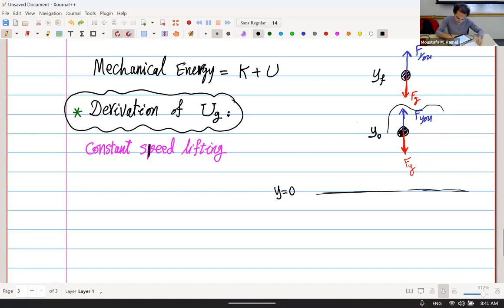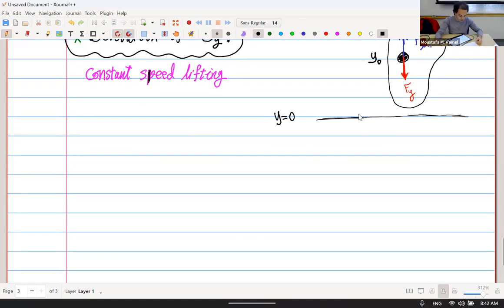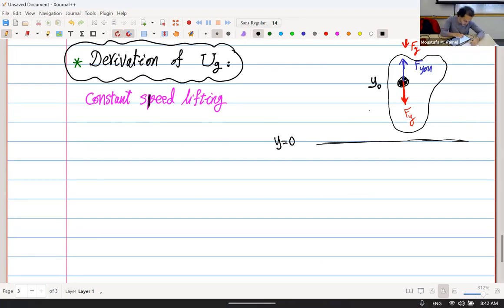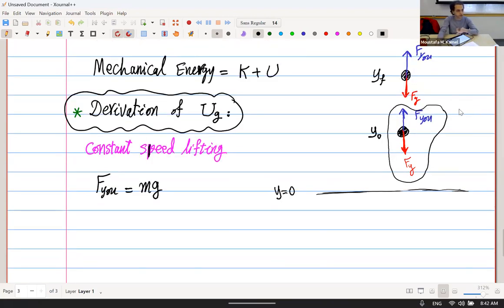So Newton's second law tells you that the force up is equal to the force down. So your force is equal to the gravitational force, which is just mg in magnitude. As you can see, it's different in direction, but in magnitude, both are the same.